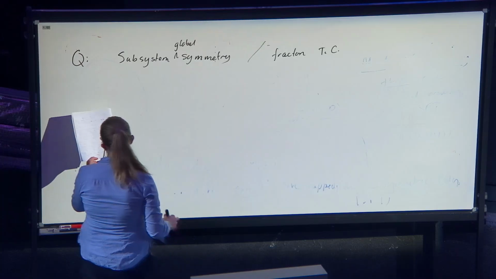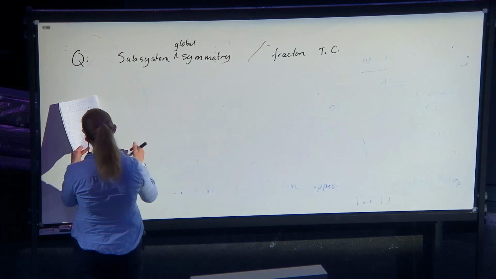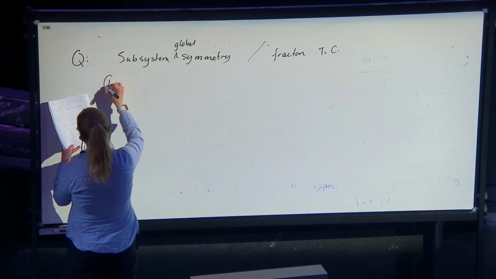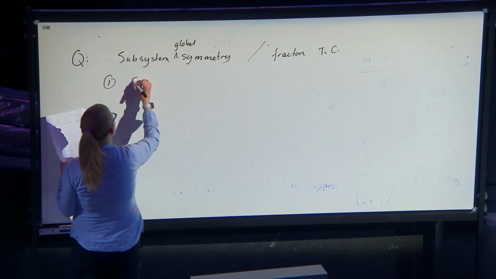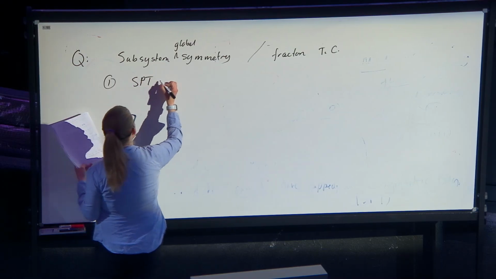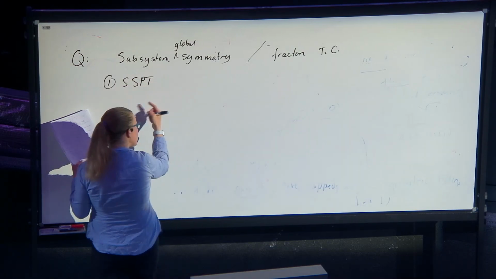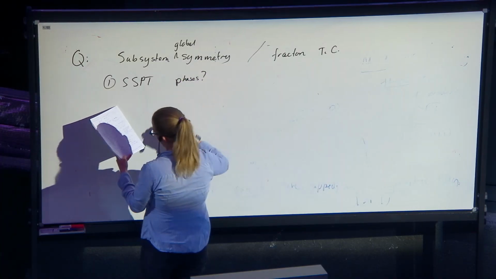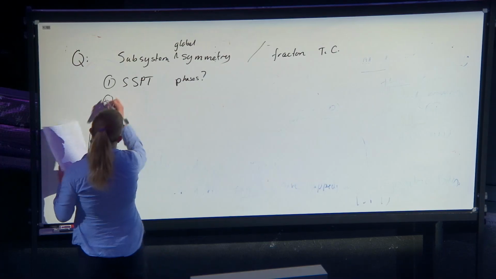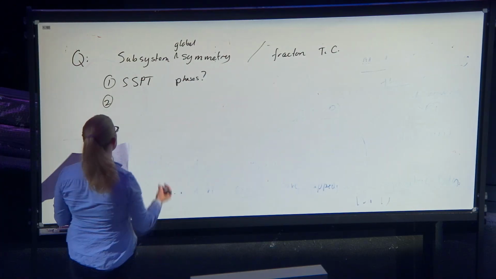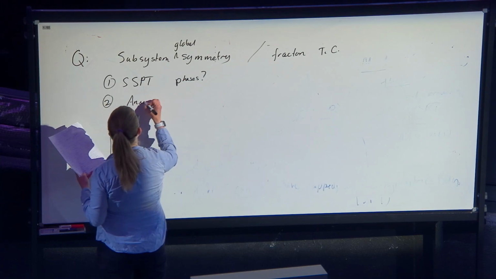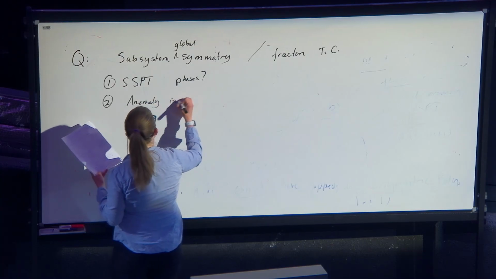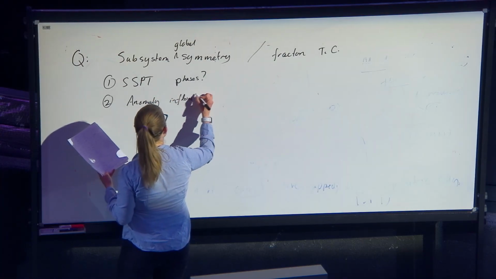And I would like to know the following things. Are there SPTs, which we call subsystem symmetry protected phases? Do these exist? And if they do, how do I diagnose them? Can I think about anomaly inflow arguments?